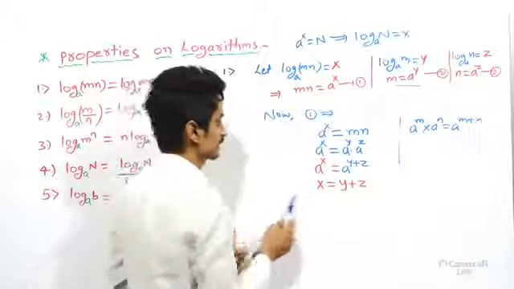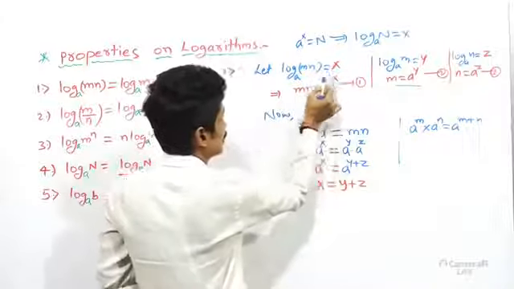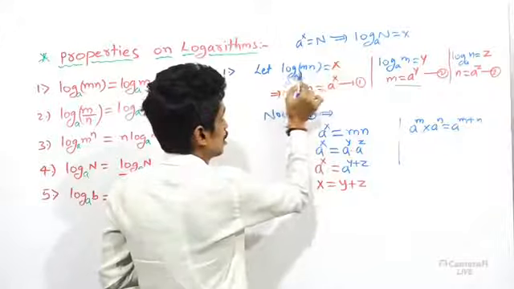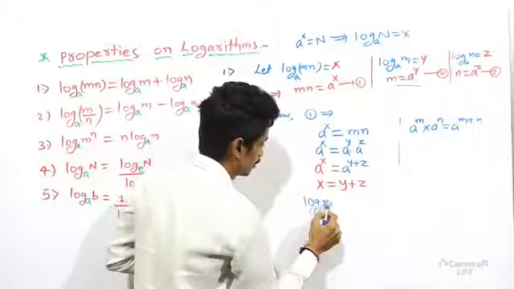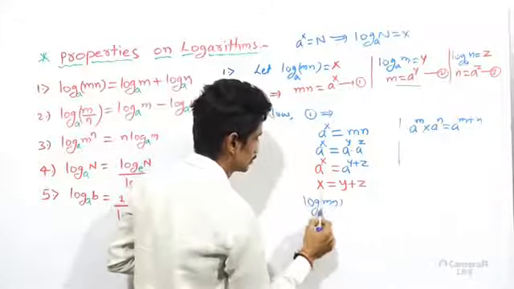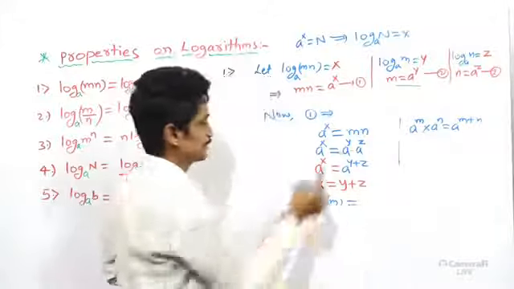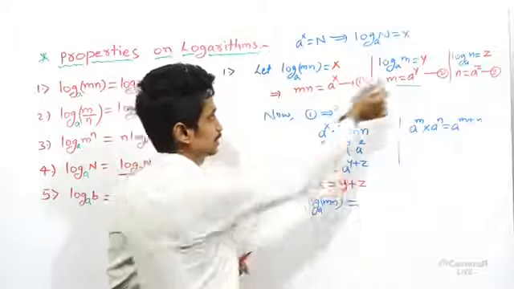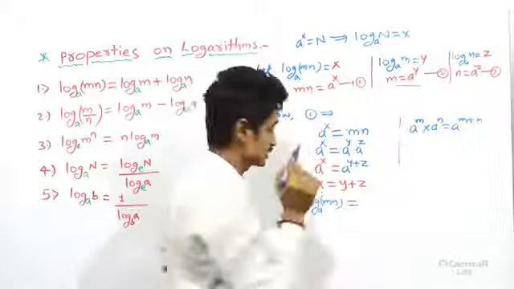Now what is the x value? Look at this one: log of mn to the base a. I will write log of mn to the base a equal to, looking at the RHS, y. What is the y value? Y is log m to the base a.